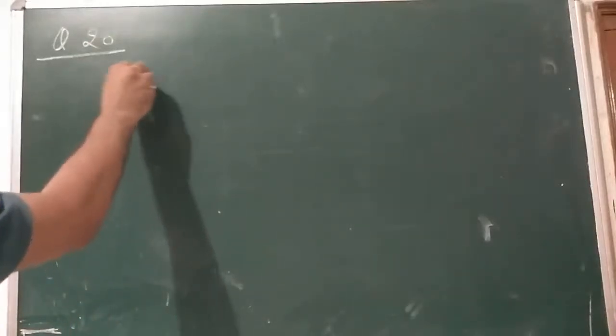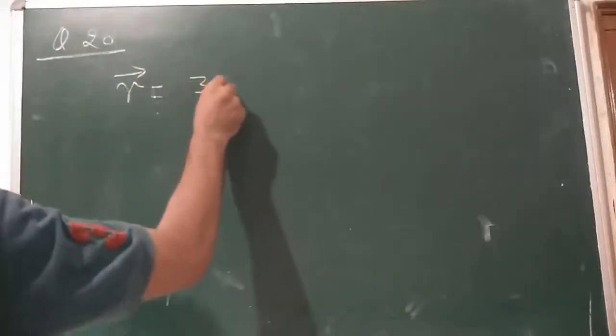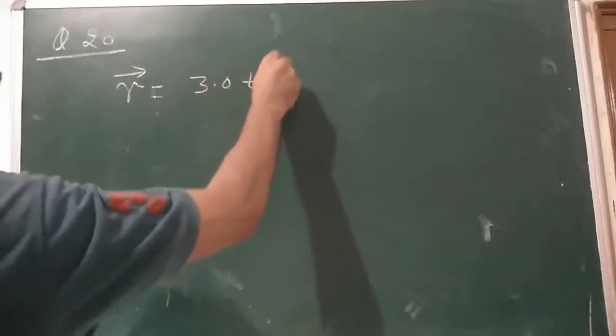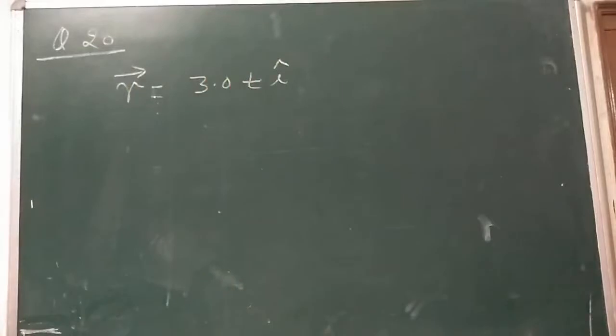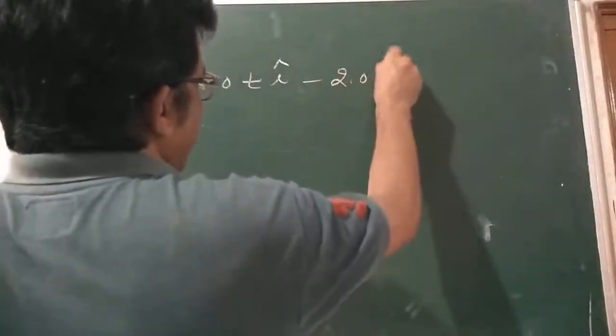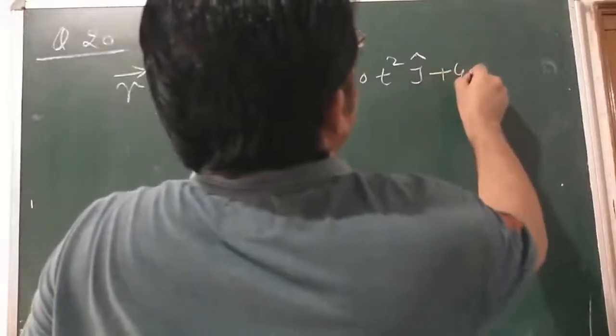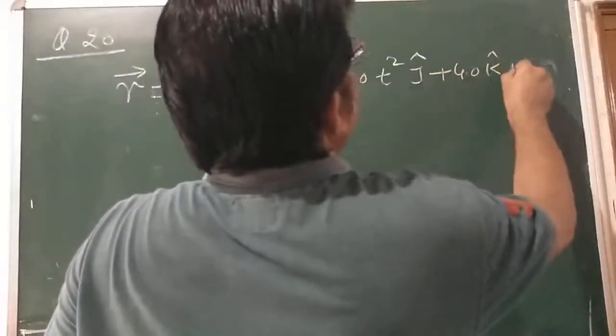We can see here the position of a particle is given by r is equal to 3.0 t i cap minus 2.0 t square j cap plus 4.0 k cap in meter.